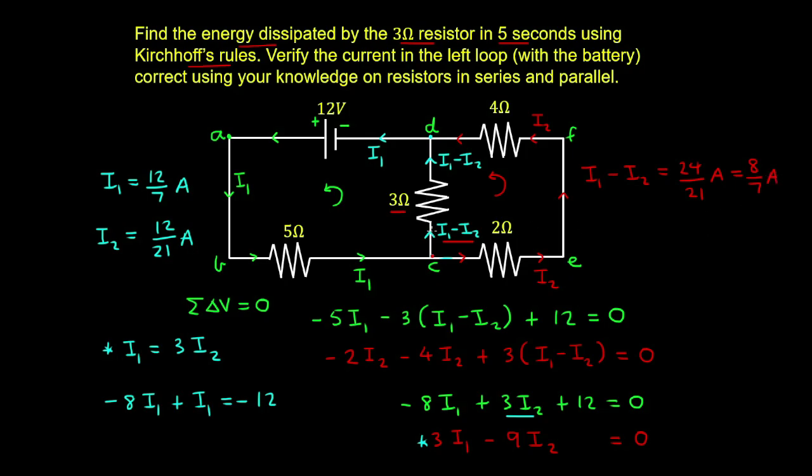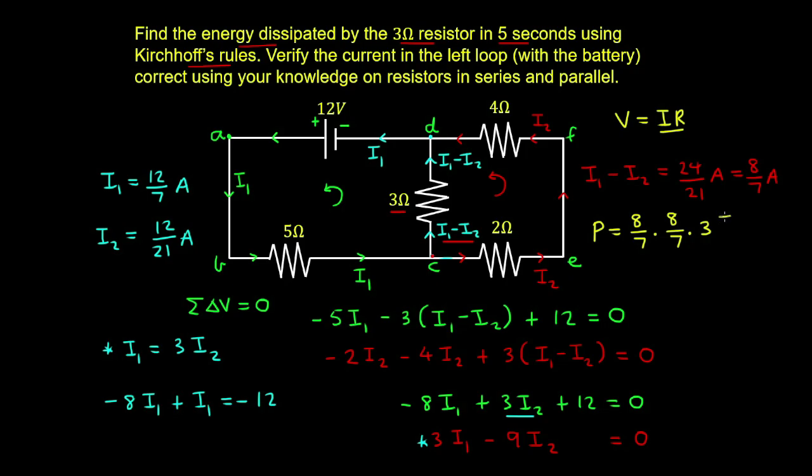So therefore the energy dissipated in this resistor is equal to the current through the resistor, being 8 on 7 amps, by the voltage drop across this resistor. So remember by Ohm's law, the voltage is the current by the resistance. So what we have is the current through the resistor by the voltage drop across the resistor, which is the current by the resistance.